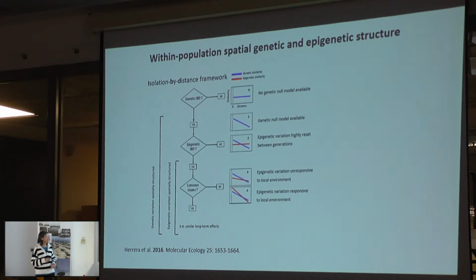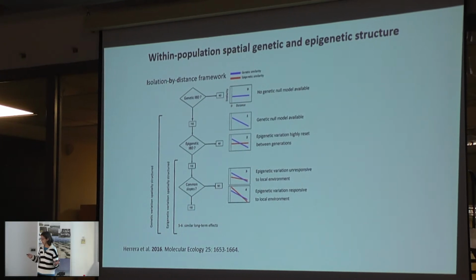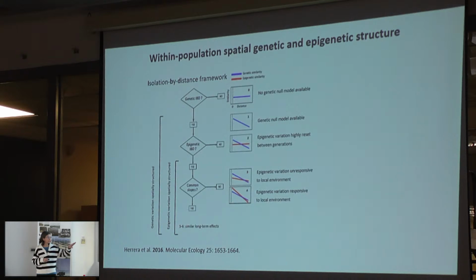If that is the case, we have this kind of linear model in which distance in space is on the x-axis and the similarity between individuals on the y-axis. And if we have this null model, then we can continue comparing with what will happen with epigenetic markers. I will go through this in the results, okay? But if we have genetic variability, spatial structure, and this linear model, we have a null model to check if they are similar or not.